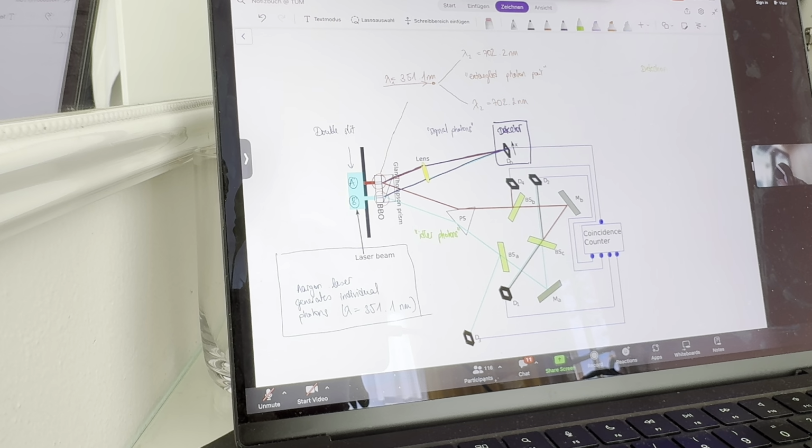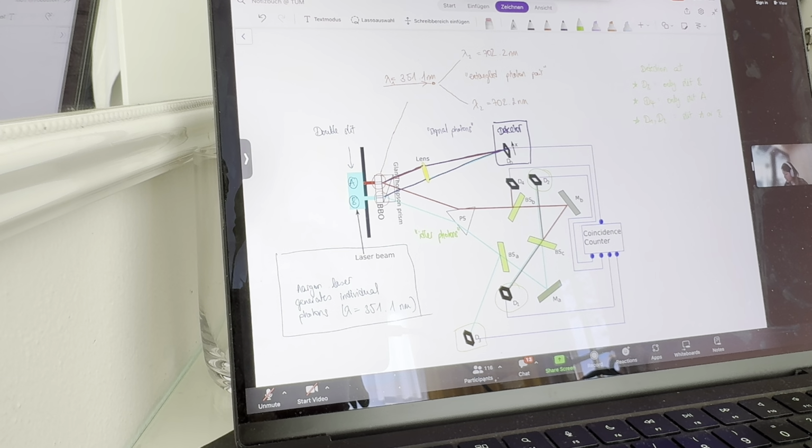If we detect an idler photon at detector D3, that would be this one, then this photon is known to have traveled through slit B. So it can only be that it travels through slit B. If the detector D4 detects some idler photon, then we know that this photon went through slit A. And in the case that D1 or D2, so this or this detector, detected something, then the photon could have gone through slit A or B.